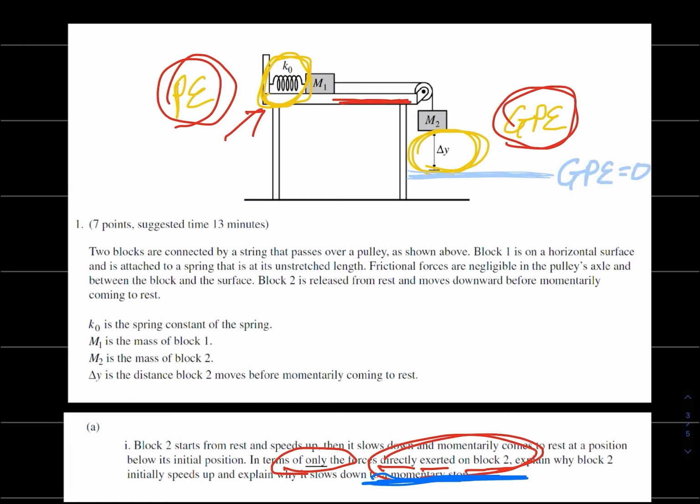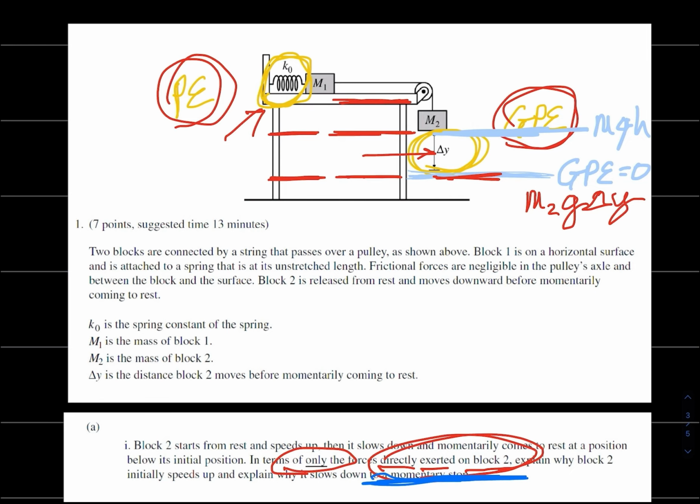We could have said that it starts with the gravitational potential energy of 0 if we put our reference plane there, and when the block stops, the gravitational potential energy would be negative mgh. And we get the same exact answer, because at the end, it's mgh less than it was at the beginning. And that works for any of your problems.